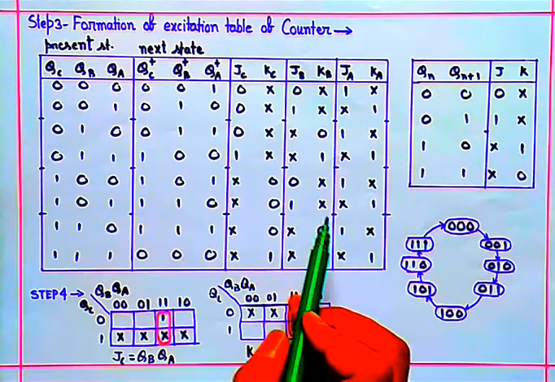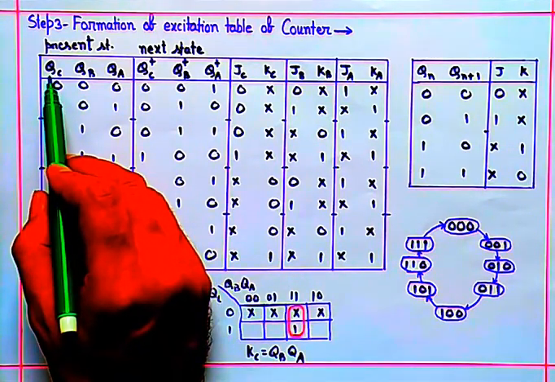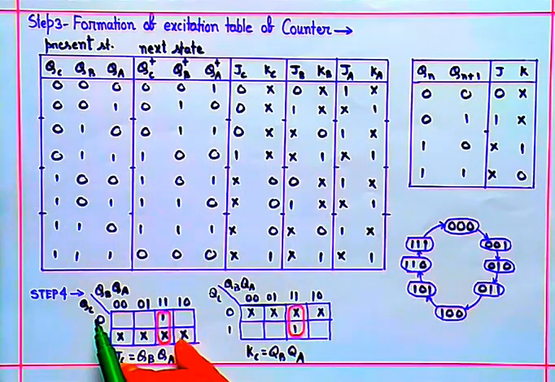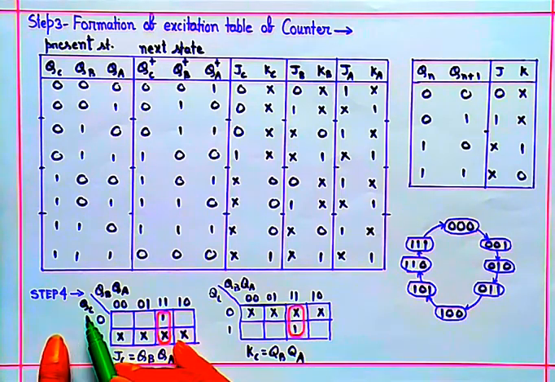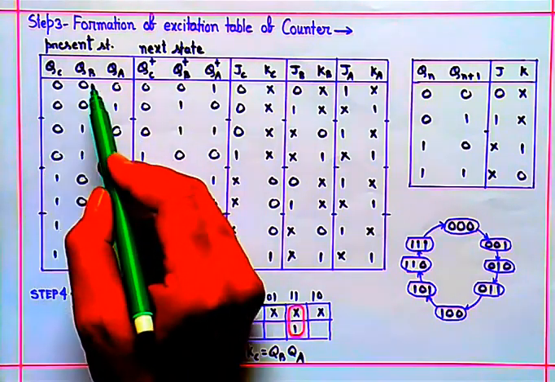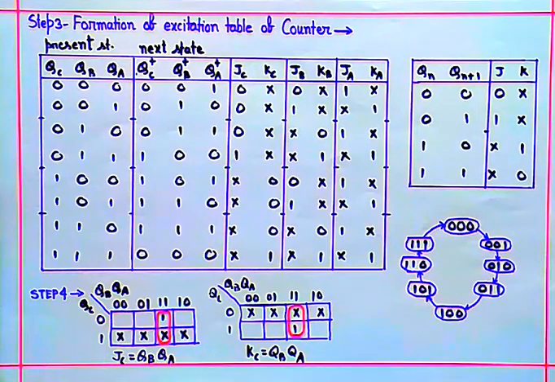In the excitation table, in the leftmost we have QC and on the right-hand side we have QA. Here also on the left I have put QC, then QB, then QA.